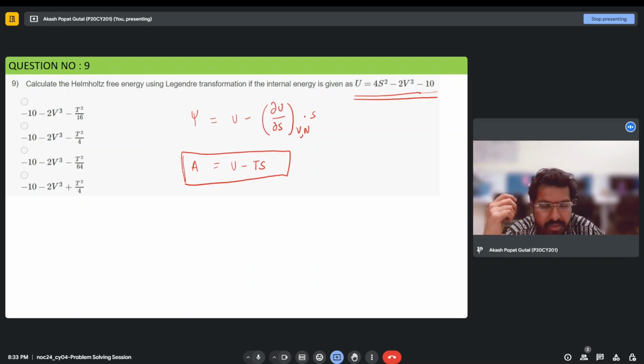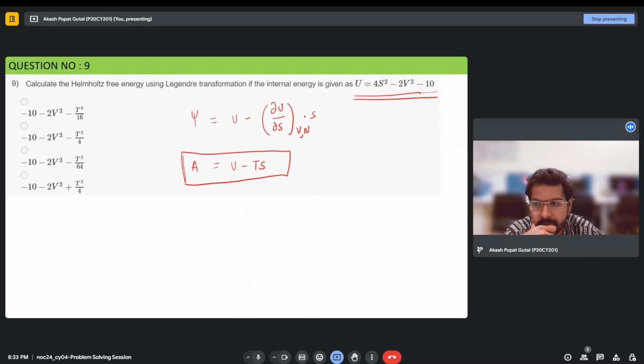Internal energy cannot be expressed in the form of entropy square minus 2 volume cube because the units are not matching. The right hand side should have the unit of energy. Left hand side is internal energy.